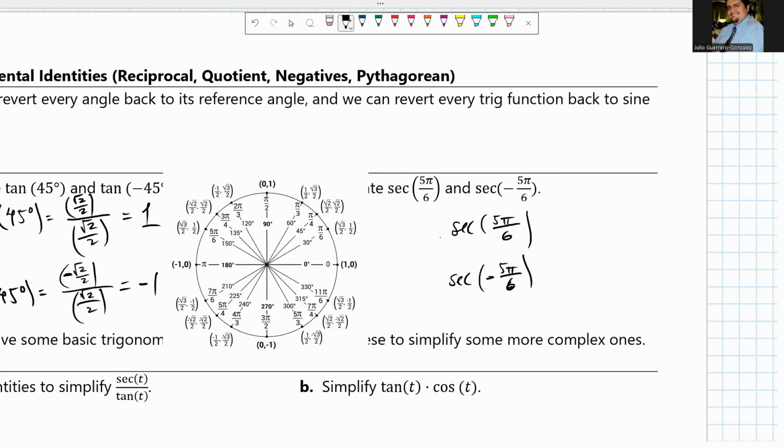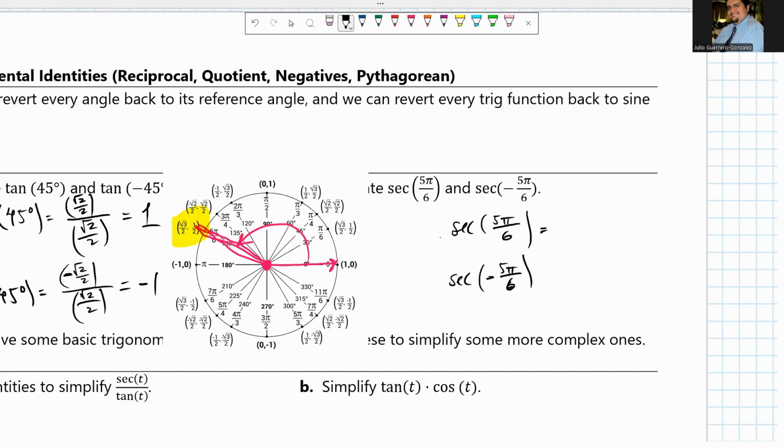We need 5 pi over 6, first of all. So let's grab our unit circle. We start here. This is my initial side. And we go to 5 pi over 6, so all the way till here. This is my important point for this one.